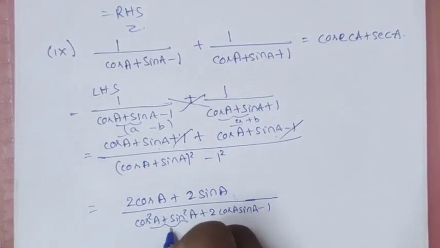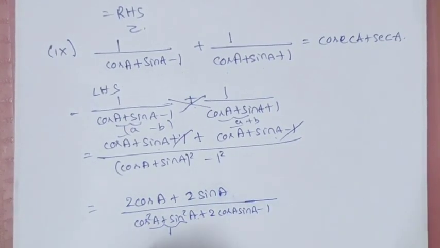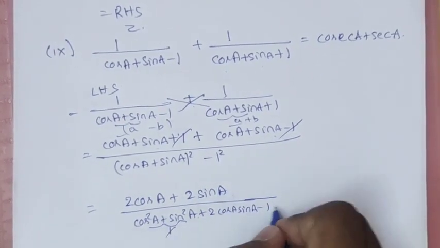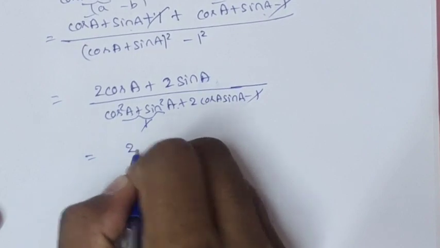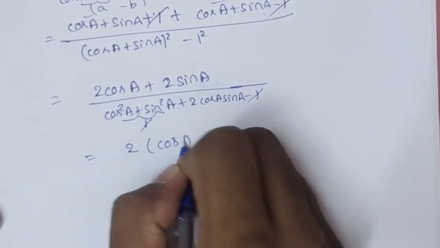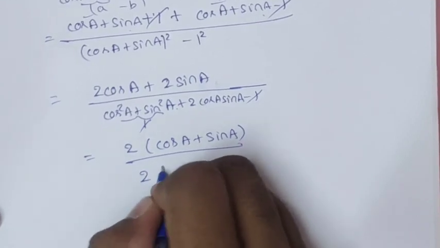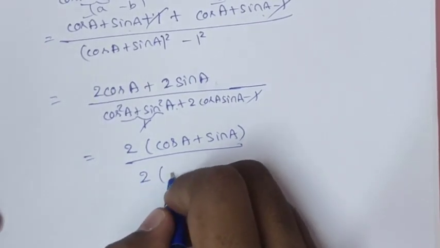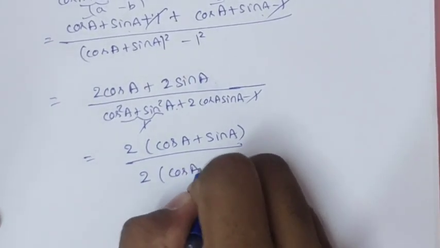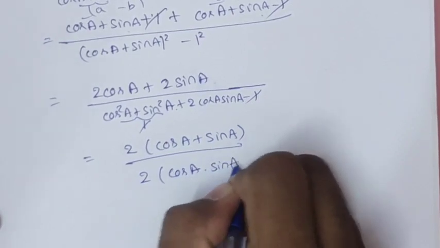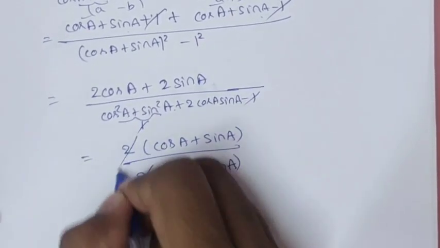Here cos square a plus sin square a becomes 1, and plus 1 minus 1 get cancelled. So the remaining thing is, if we take 2 common, 2 into (cos a plus sin a) divided by 2 into cos a into sin a. So now 2 gets cancelled.